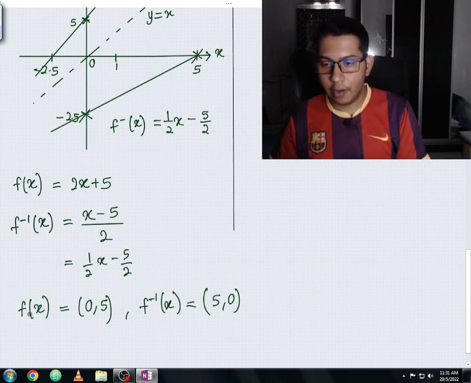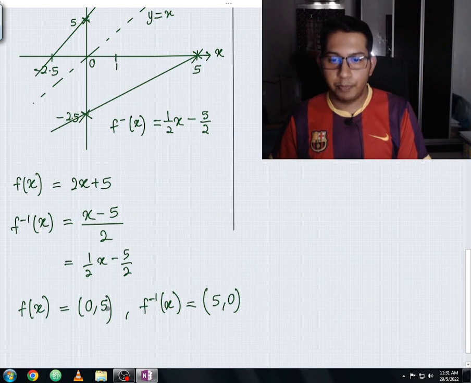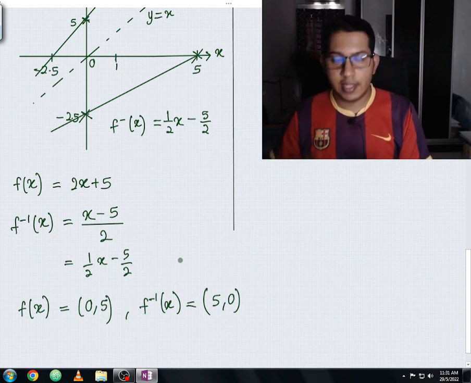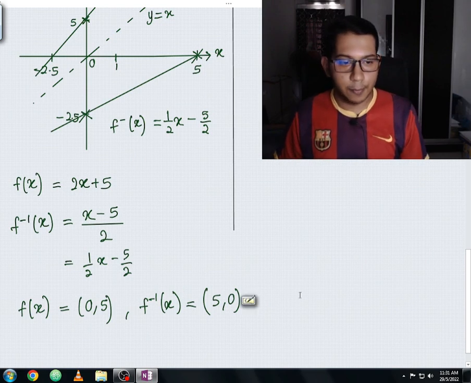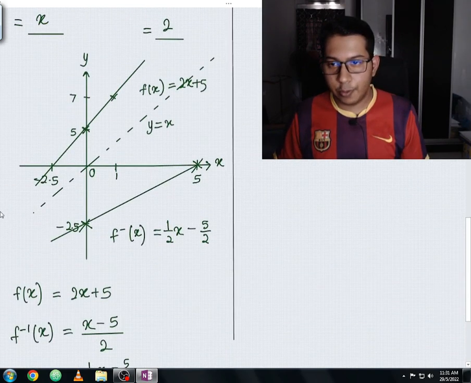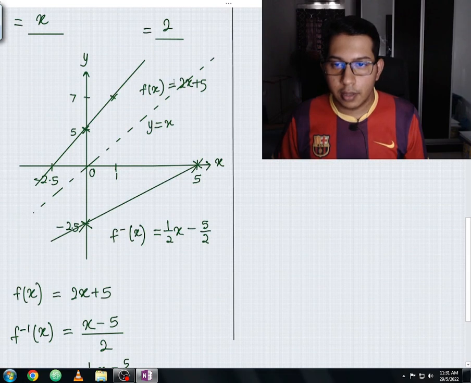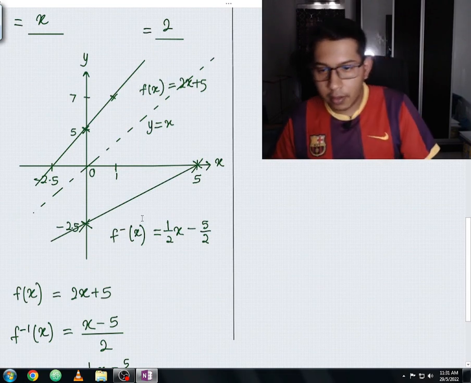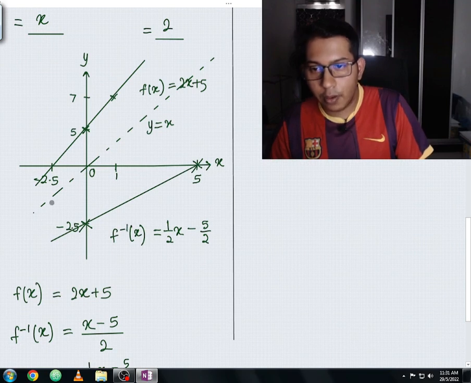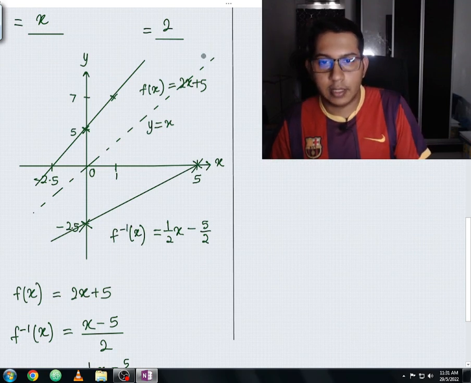And when you take a look at f(x), it is (0, 5), but when you look at f inverse x, it is the other way around. They just interchange the position, and that's why it is proven that f(x) is just a reflection of f inverse x with respect to y equals x.